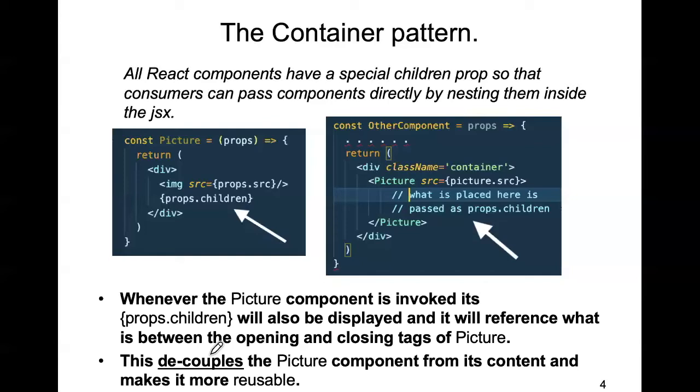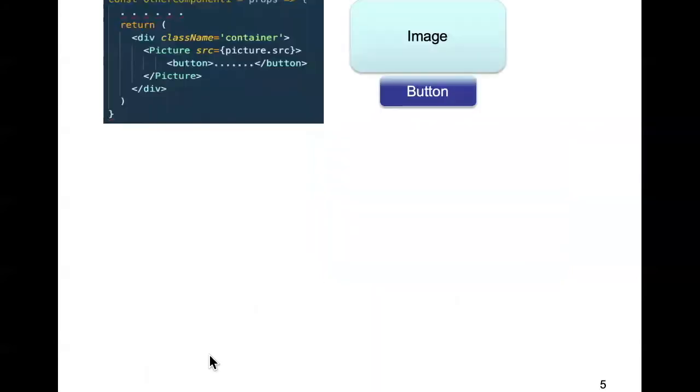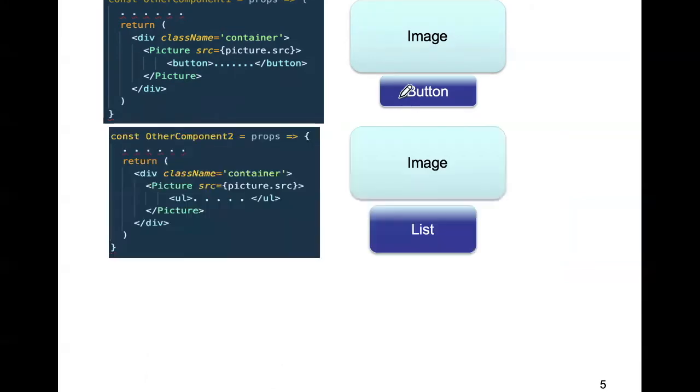Hence, picture is reusable by many consumers. So here's some examples. Here's a consumer where it's using picture and it wants picture to include a button in part of its rendering. So this is what the picture component would render for that consumer, the image and the button.